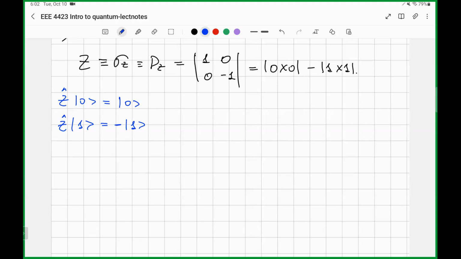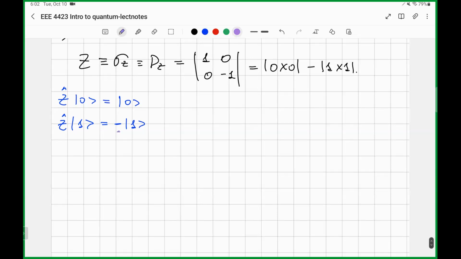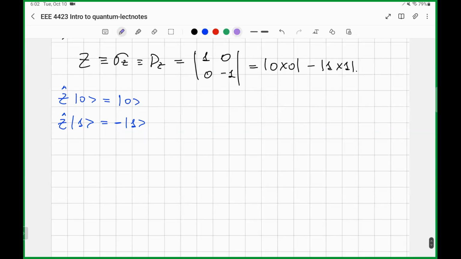So basically, application of this Z on the states 0 and 1 doesn't change the state up to this minus, which is just the phase.